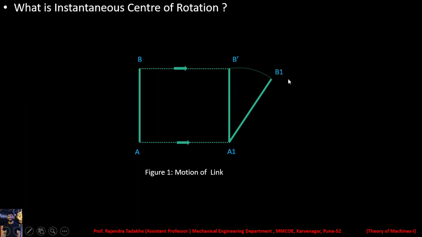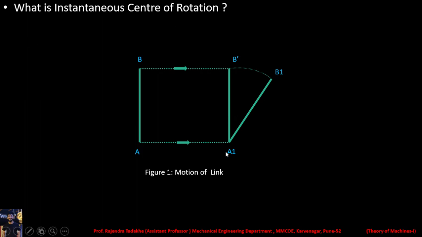During this, link AB is having a rotational motion. So now if we consider the motion of link AB from the start to the end, then it is a combination of two different types of motion, that is linear motion and the rotational motion.